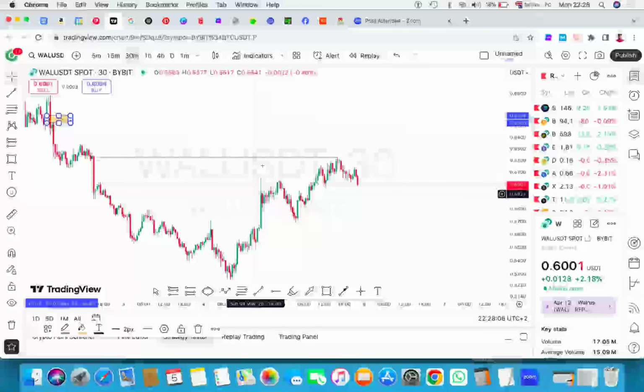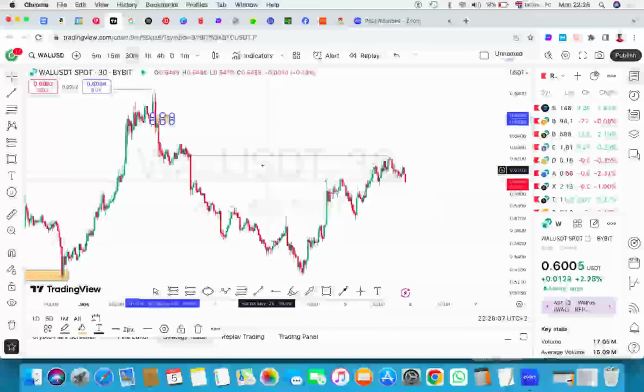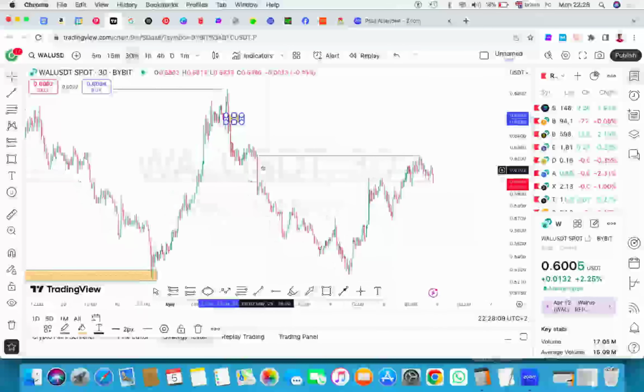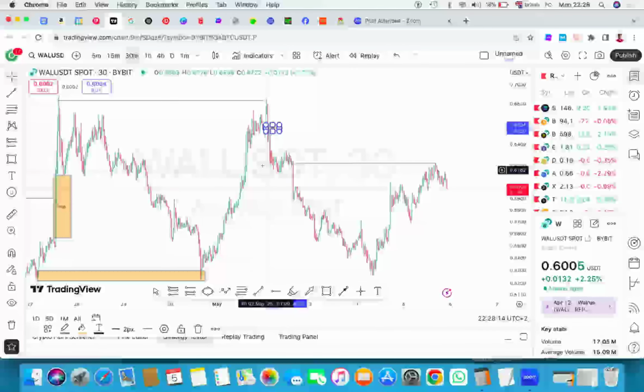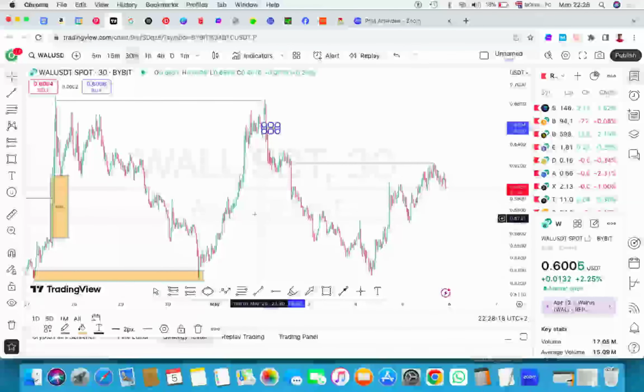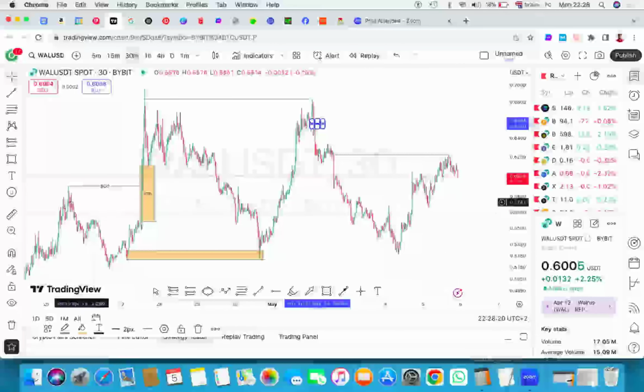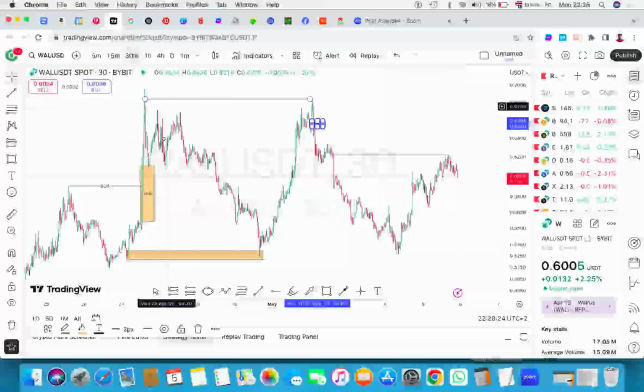From the promise I made last time, we said we are going to draw break of structures using another pair, but unfortunately we are unable to draw using an option, so we used the scenario that I've already played out to draw our structure.